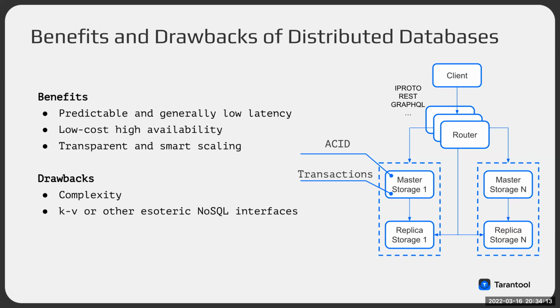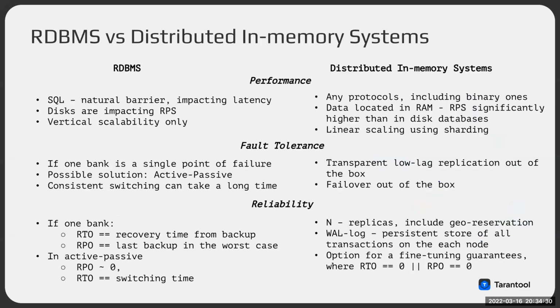When a router sees that the old storage is down, it marks it, then nodes vote to choose the next replica, and a new replica becomes the master. The process actually is not that complicated.